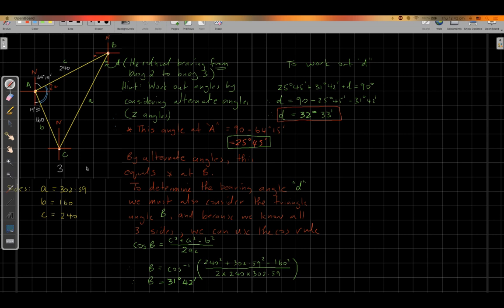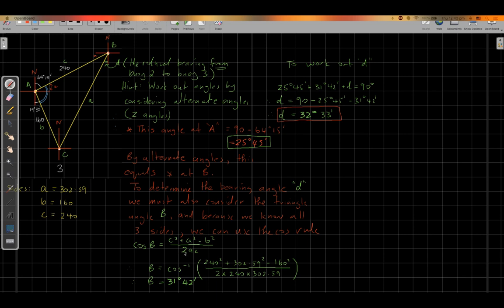Okay, so what we can do is we can do it this way around, cos B, because that's the angle we're looking for. So BCA, BAC. So if we're working at angle B, it's C squared plus A squared minus B squared over 2 times A times C. C times A, same thing. Okay, so cos B is all of that. To work out the angle, remember we take cos to the -1 of all of this.